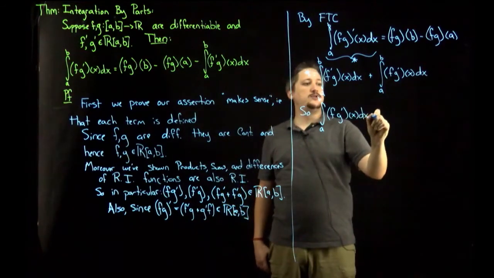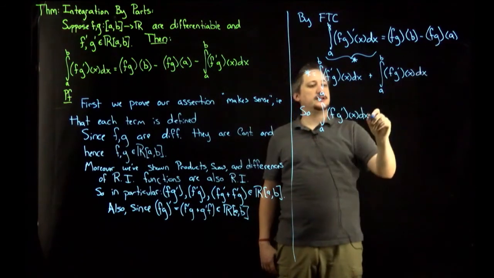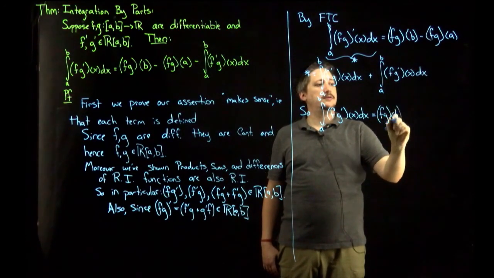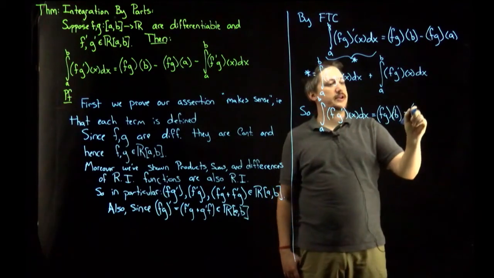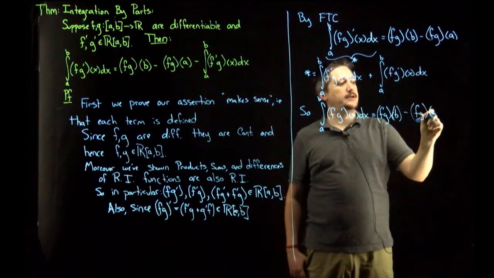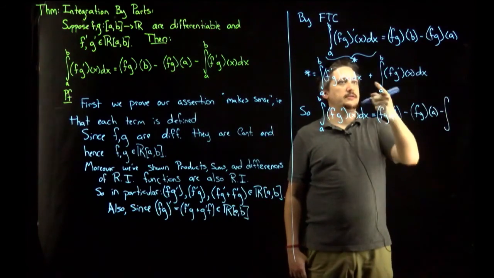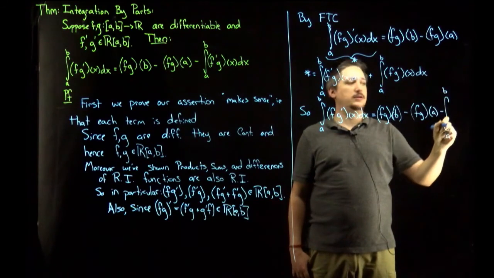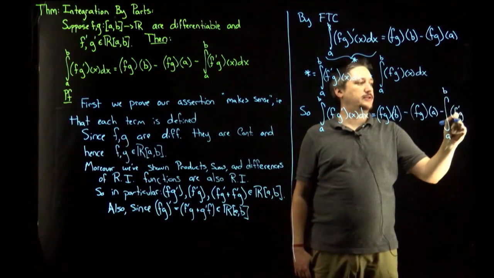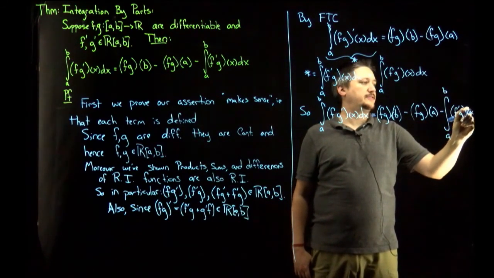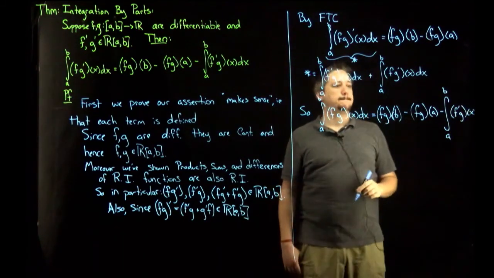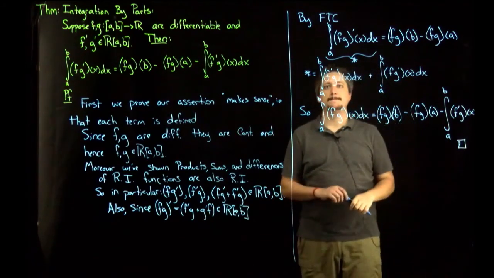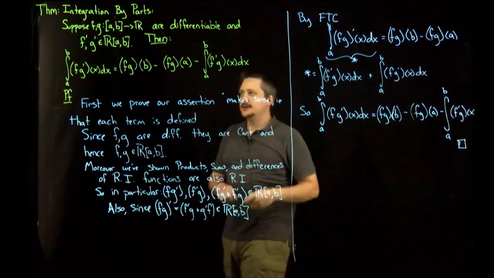This piece equals, subtracting that off of here, the product fg applied to b minus the product fg applied to a minus this integral from a to b of f prime g applied to x dx. And that's exactly what I wanted, right? So this is the integration by parts formula.